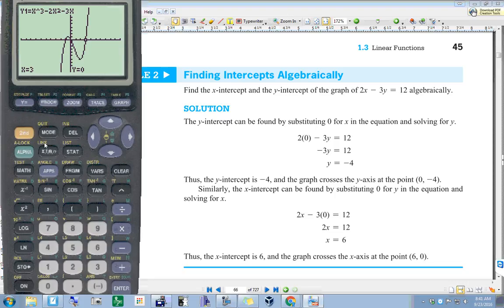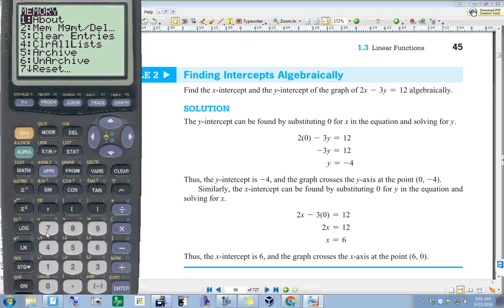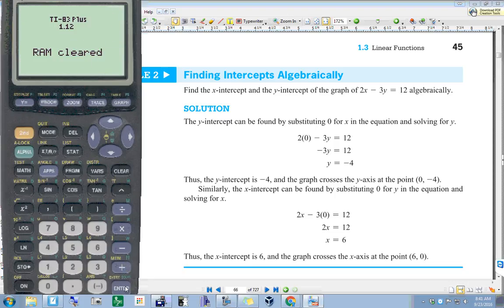Turn that on, second, 72. Okay, so y is equal to. Now, I can kind of cheat a little bit when I do this, because I know that the 2x has got to go over, right? So I'm going to put parentheses, it's going to be -2x plus 12 divided by -3.